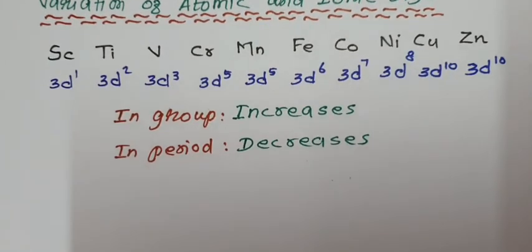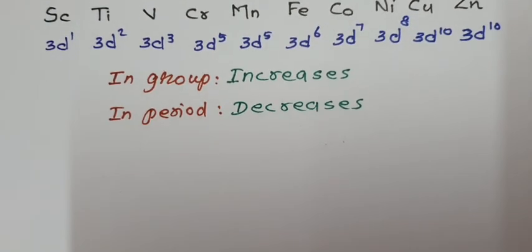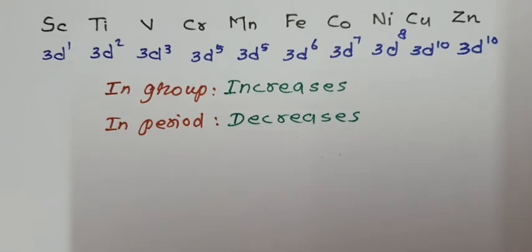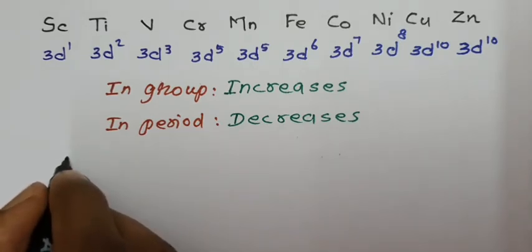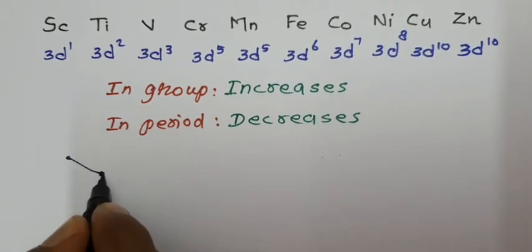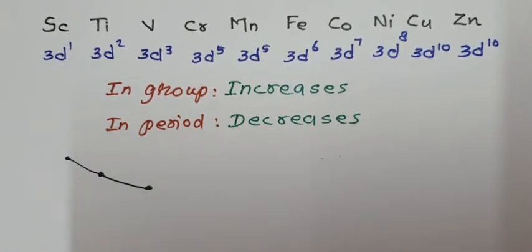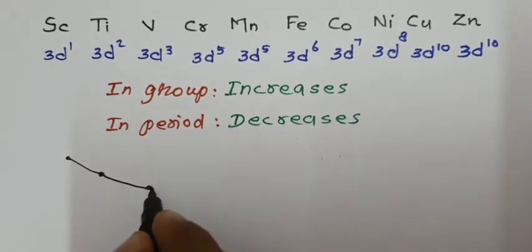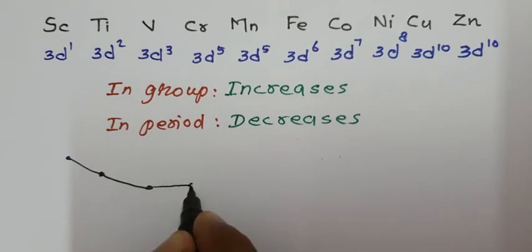But there is a trend in the first transition series, and the second and third. Starting from scandium, titanium, up to vanadium, the atomic radius decreases. Then nearly the same for chromium also.